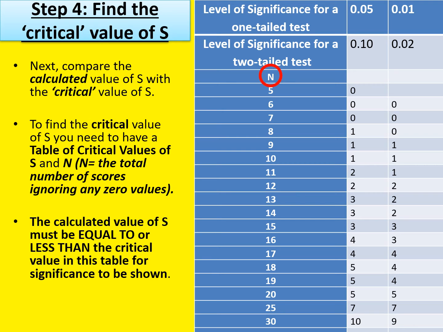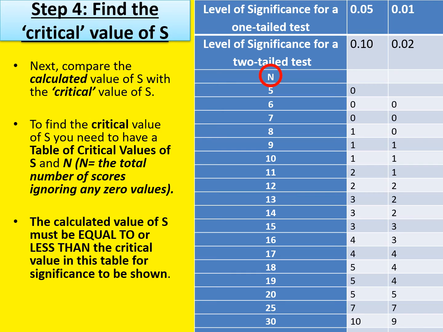In our experiment, we had 15 participants, and everybody got either a plus or a minus because there were 25 cards, and so you couldn't get equal amounts of both. If you got 10 correct, you got 15 incorrect. If you got 12 correct, you got 13 incorrect. But if there were only 24 cards, you might have got 12 correct and 12 incorrect.